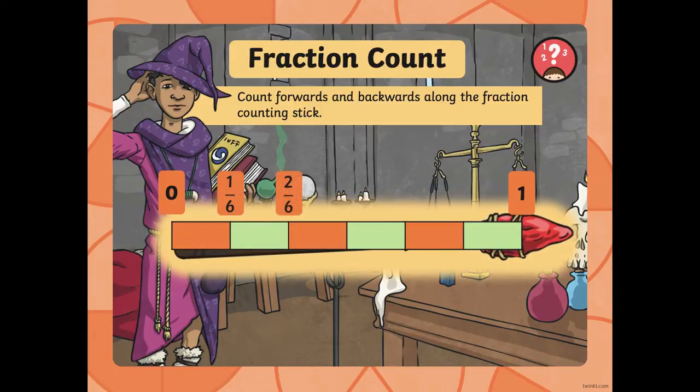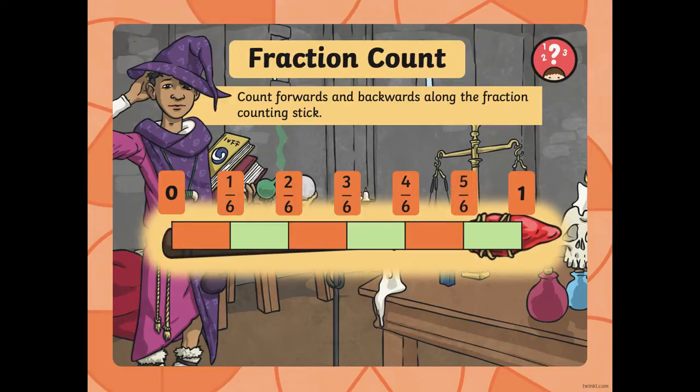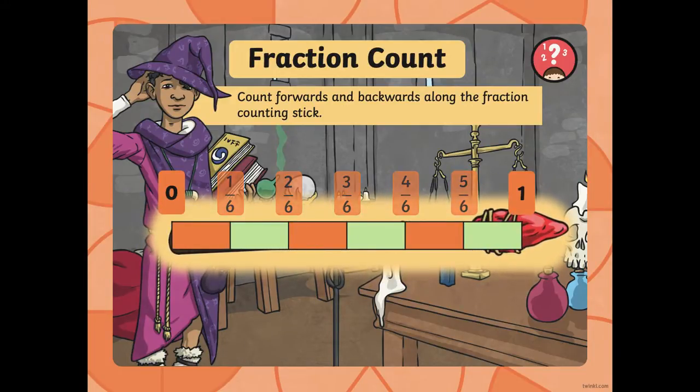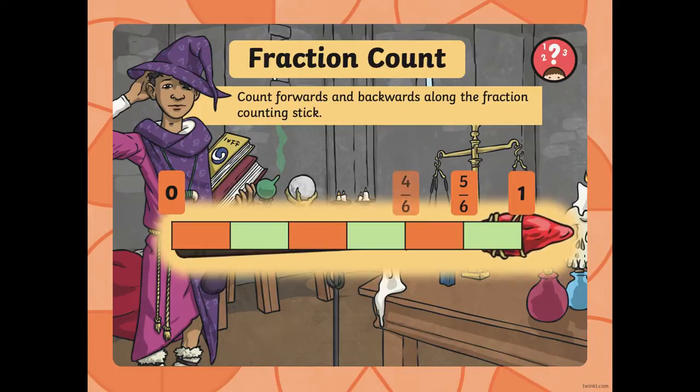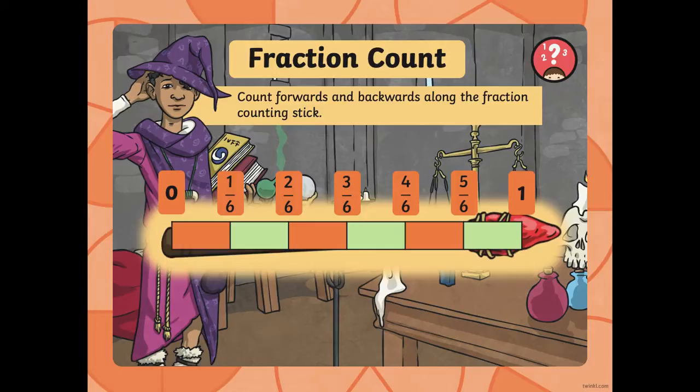One sixth, 2/6, 3/6, 4/6, 5/6, and then 6/6, or 1. Back down again. 5/6, 4/6, 3/6, 2/6, 1/6. There you go. Okay.